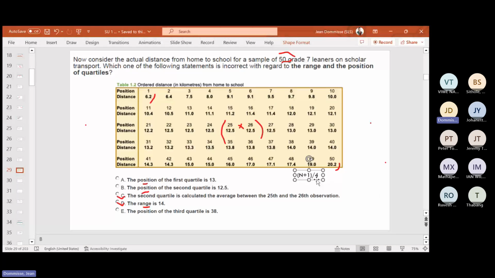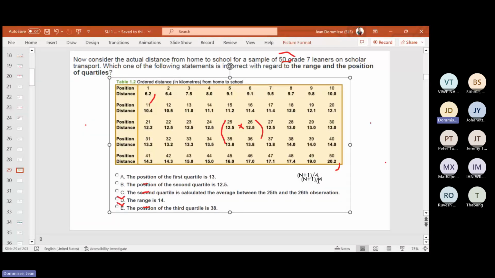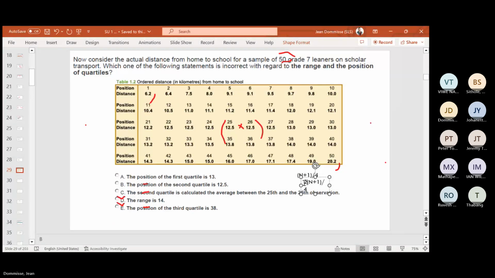For position 2, it is 2 times n plus 1 divided by 4, and for position 3, it will be 3 times n plus 1 divided by 4. So those will be your formulas that you will need to work out.